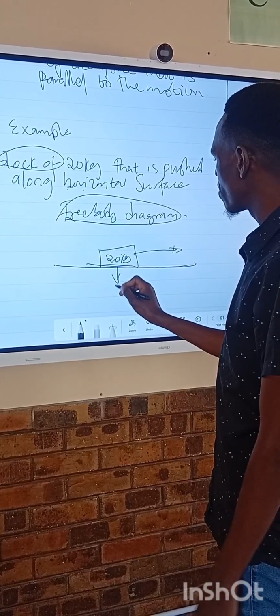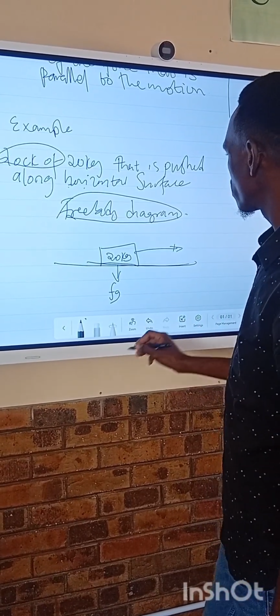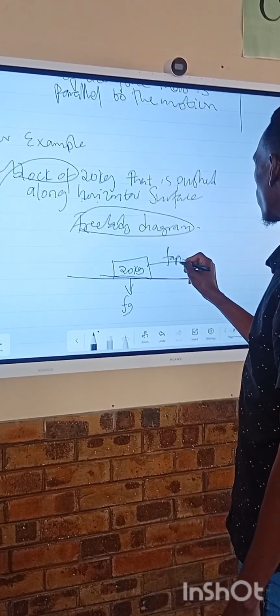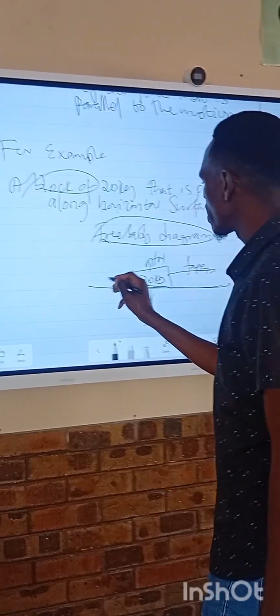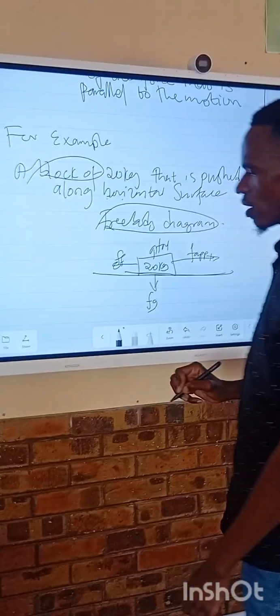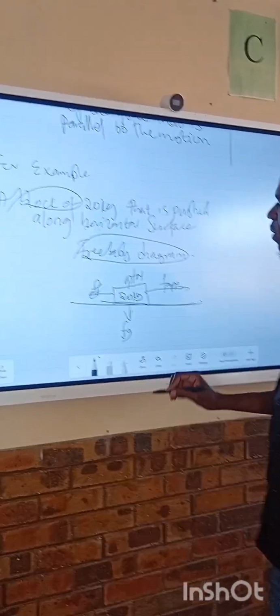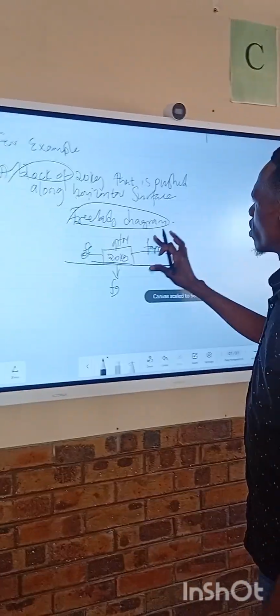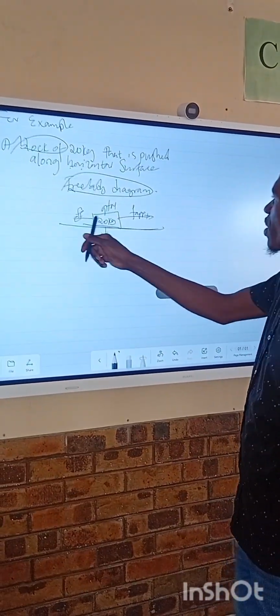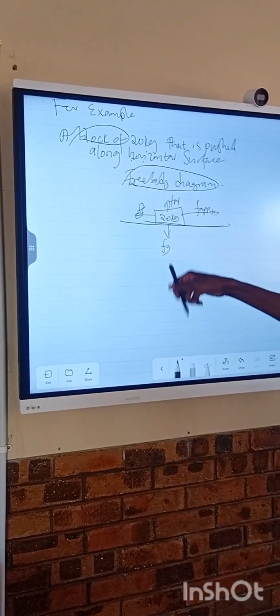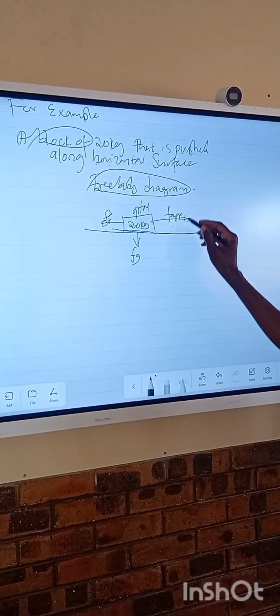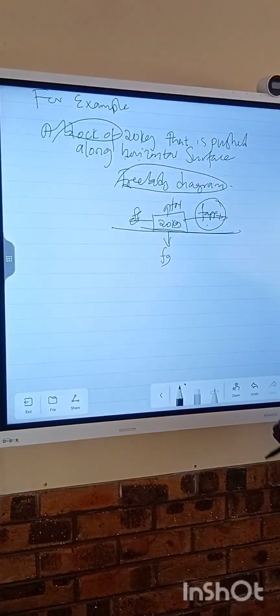Here we have the force of gravity, the applied force, the normal force, and our frictional force. The frictional force is opposing the motion of the object. We have the normal force, the force of gravity, and the applied force.